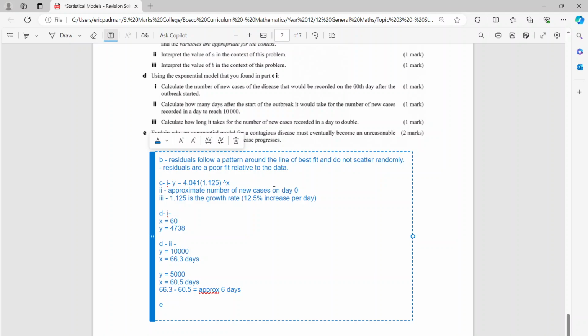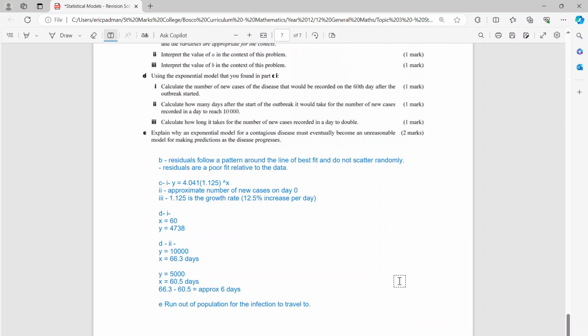The short answer is you're going to run out of population. Eventually everyone's going to get it, or at least a large amount of the population. If you're curious, we don't teach this one in this course, but the actual model looks like this.